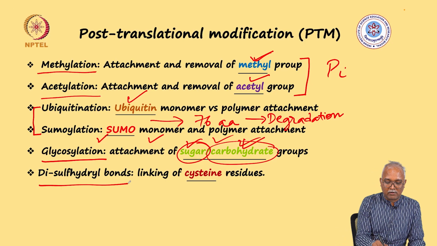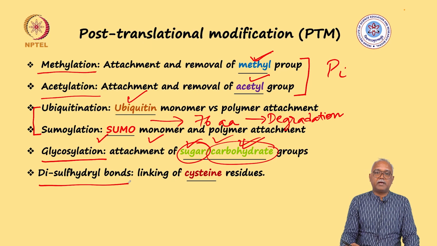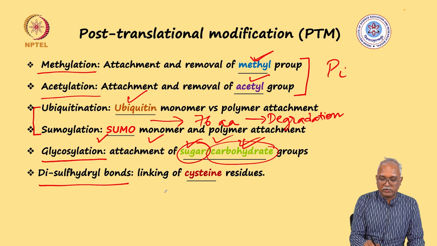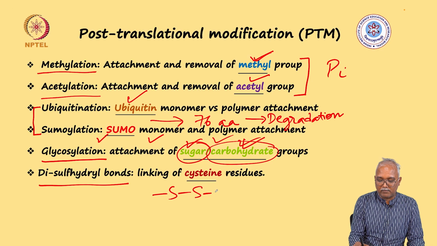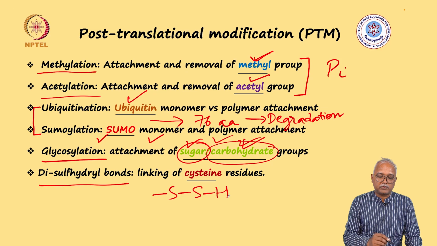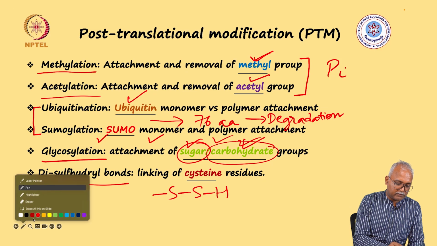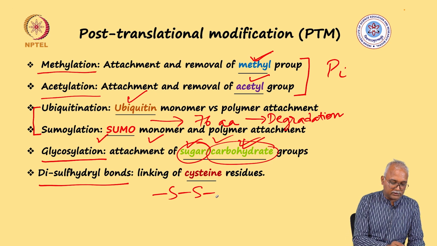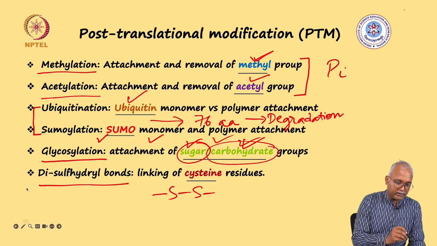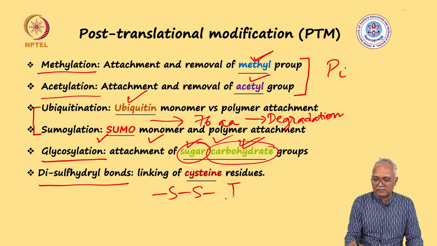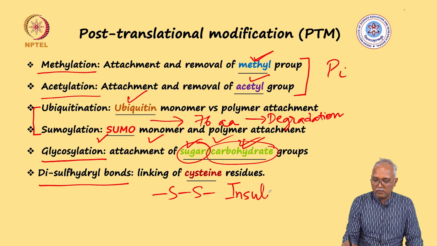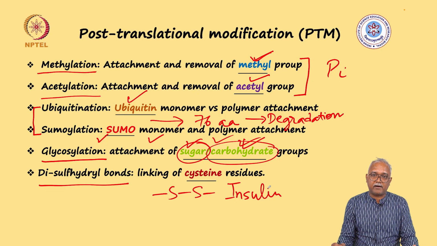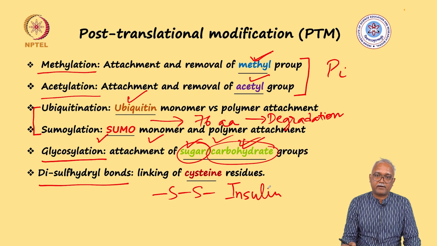What one has always appreciated is the presence of intrinsically the cysteine residues which undergo disulfide bond formation. So the disulfide bond which is formed between the two cysteine residues is very critical, and insulin is one of the classical examples, where two chains of insulin are interconnected by this sulfhydryl linkage.